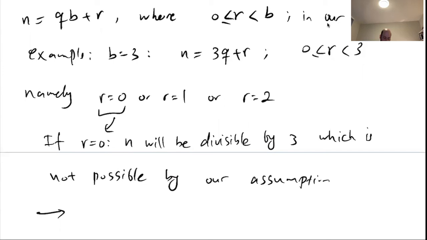So that means r equals 1 or r equals 2. So that means n is equal to 3k plus 1 or n equals 3k plus 2.